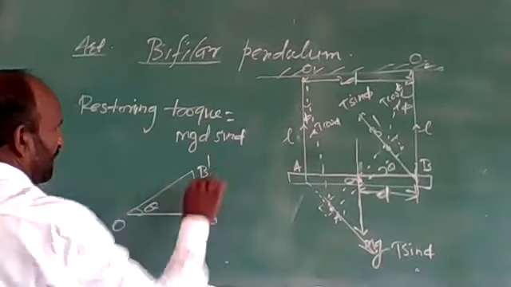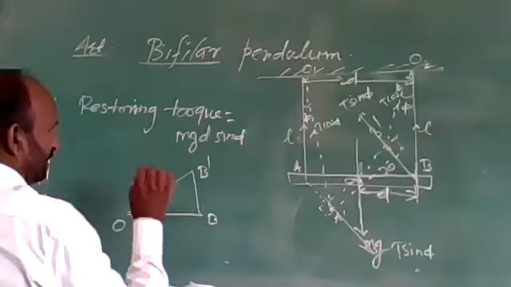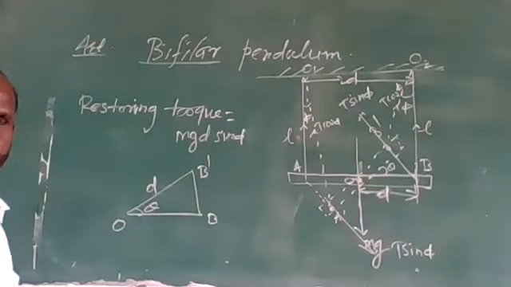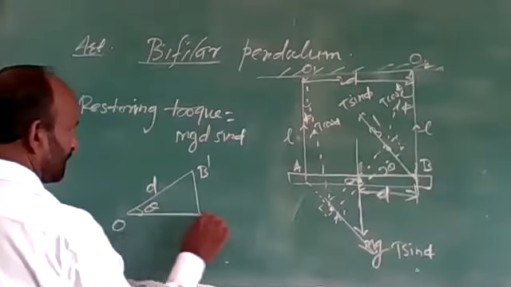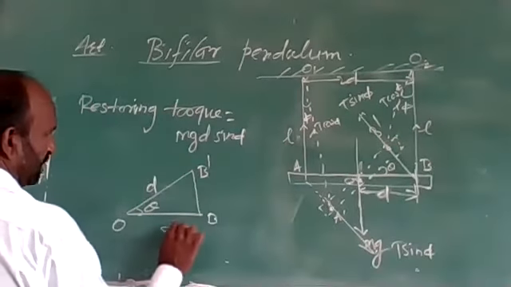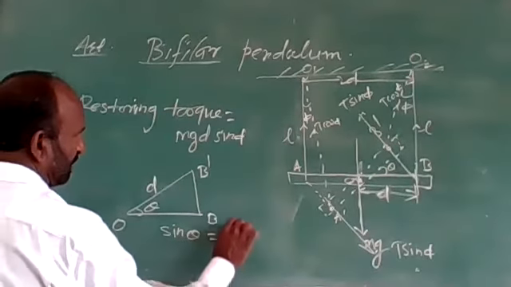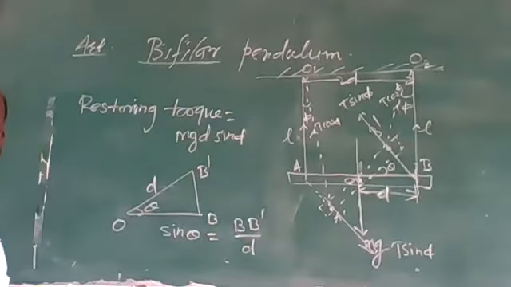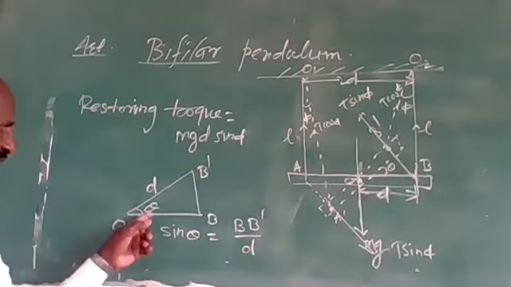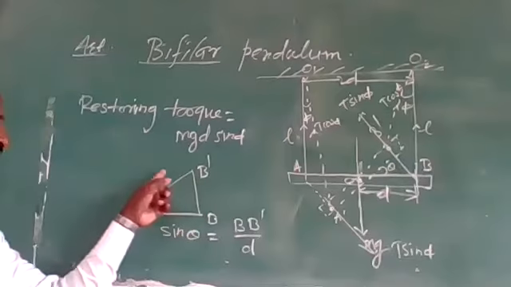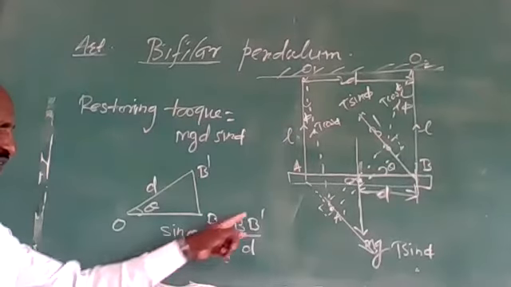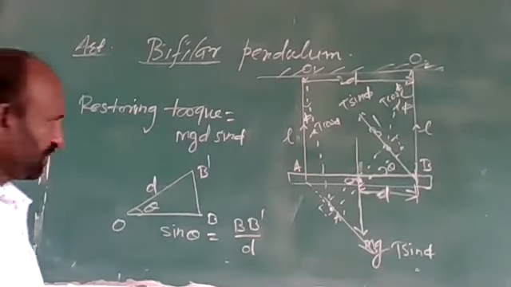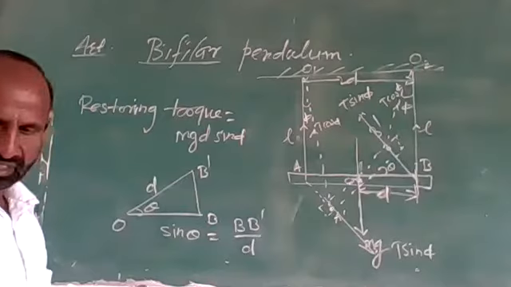Here B B dash, their distance is D. This distance is also D. So sin theta is B B dash upon D. From this triangle, sin theta is front side upon diagonal. That is, sin theta is equal to B B dash upon D. So this is the value of sin theta.